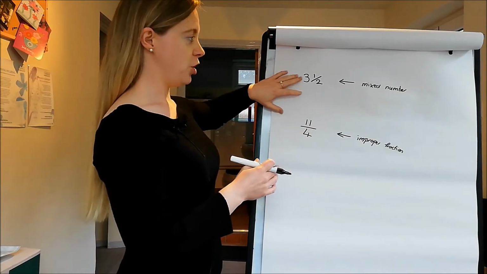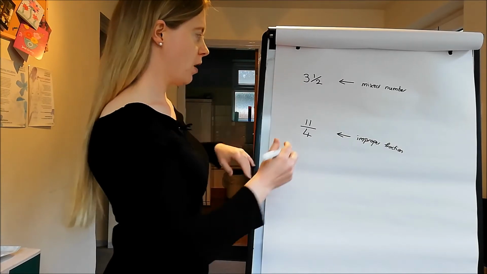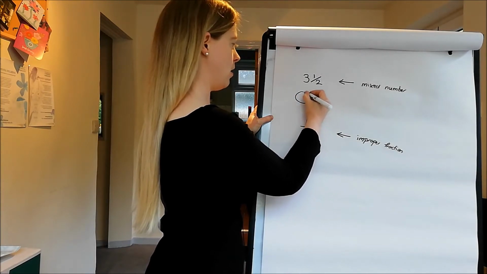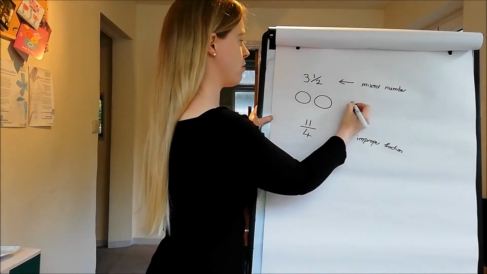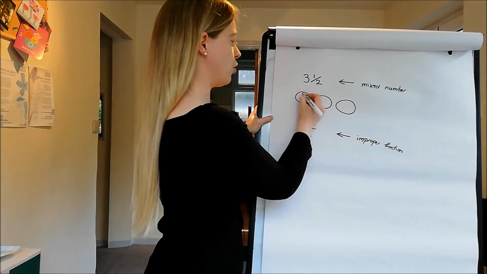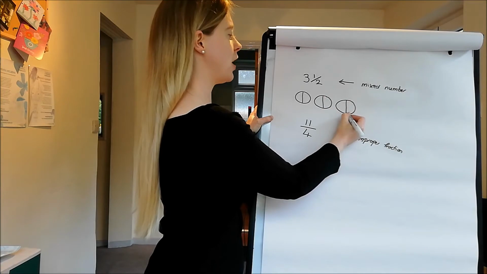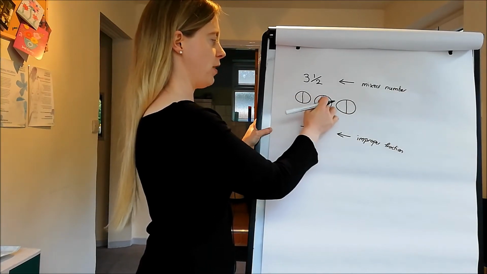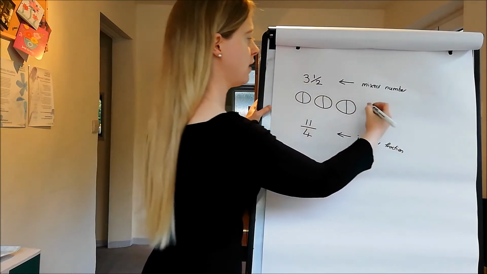If we wanted to change that mixed number into an improper fraction, if we had 3 cakes to represent the 3 that's in front of the mixed number, and then we were to cut each cake into half, we'd be cutting each cake into 2 pieces. So we would have 1, 2, 3, 4, 5, 6 pieces of cake in our 3 whole cakes.